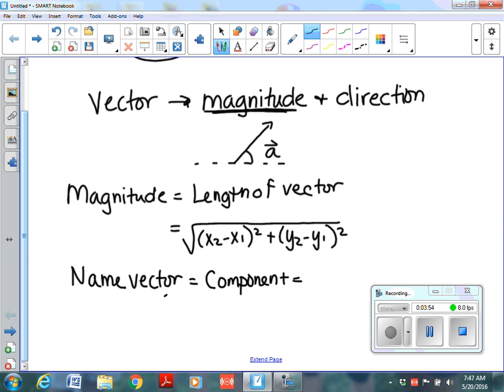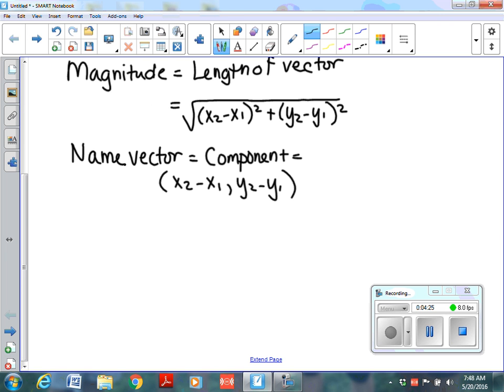Basically the formula is x2 minus x1, y2 minus y1. Again, vectors deal with motion, like airplanes and boats, so you would use this in story problems like planes and trains and automobiles and everything else. Let's do a component form of a vector.